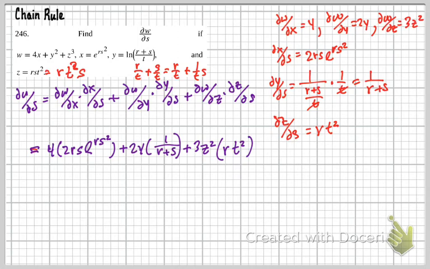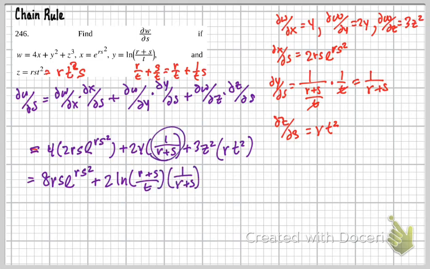Now what I'm going to do is I'm just going to plug in for x, y, and z the functions of r, s, and t. And that just makes this go a little bit faster for me. So I'll write 8 here, and then rs e to the rs squared plus 2, and my y is going to be ln of r plus s over t times 1 over r plus s, and that's what we have here.